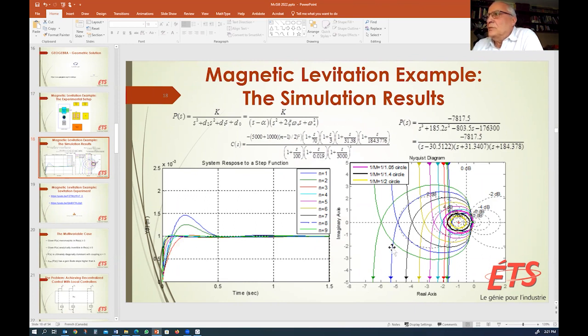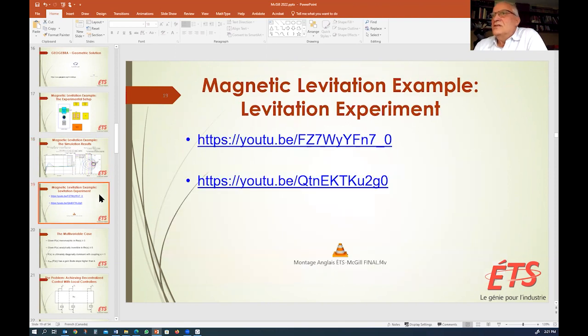I need one unstable pole, but by increasing the gain, I'm making this line, which is -1/2 here, I'm getting closer and closer to it. It looks too nice, but believe me, when you work with the geometric solution and you apply it, it works beautifully and things are tuned. And these are the videos.